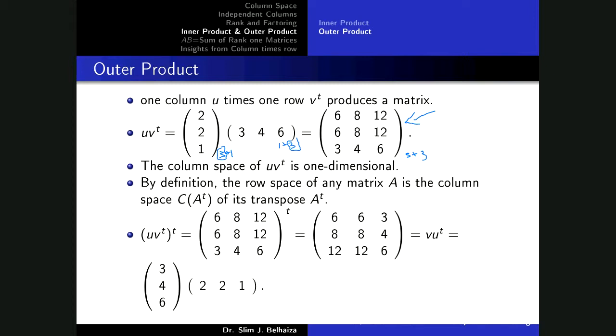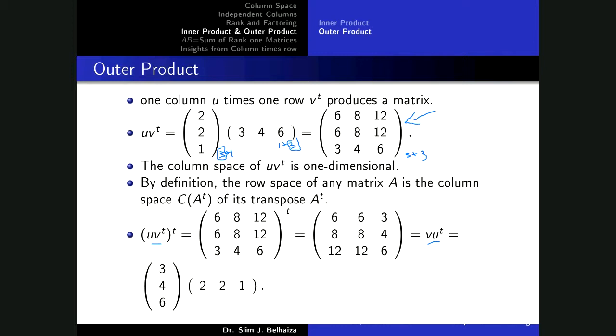So by definition, we said earlier that the row space of any matrix A is the column space of the transpose matrix. So for example, if you take (UV^T) transpose, this is a property from linear algebra: the transpose, when it gets inside, inverts the product. Okay?